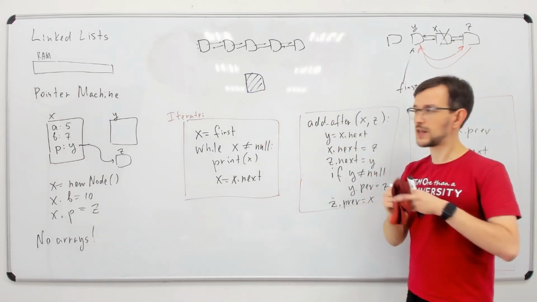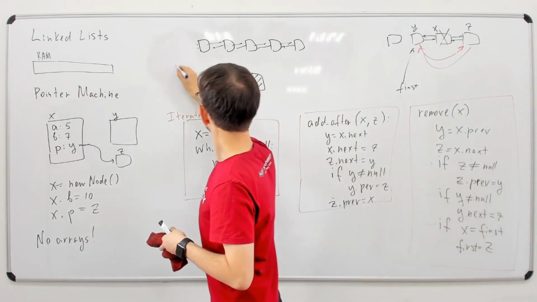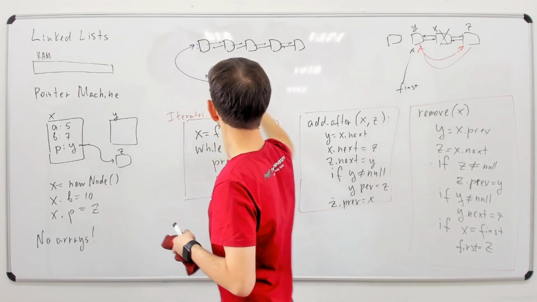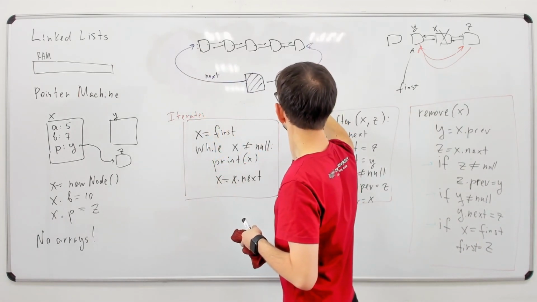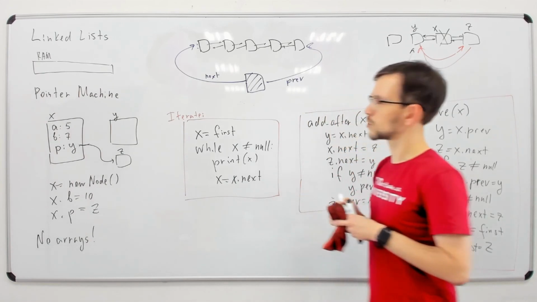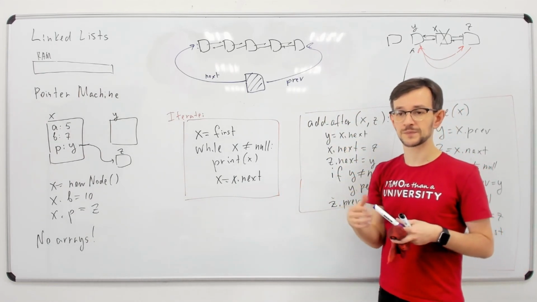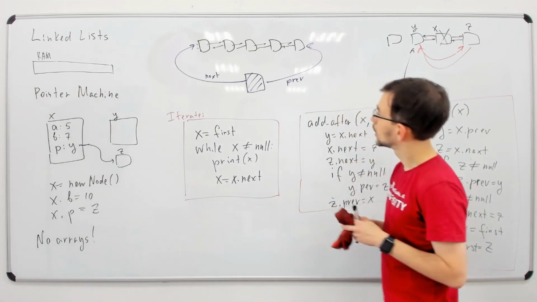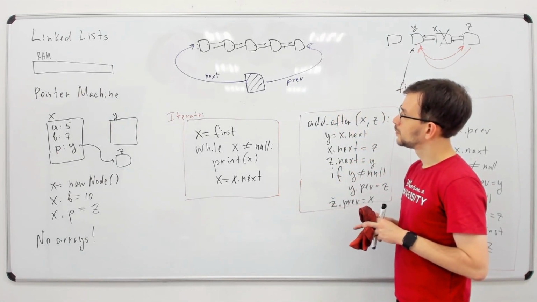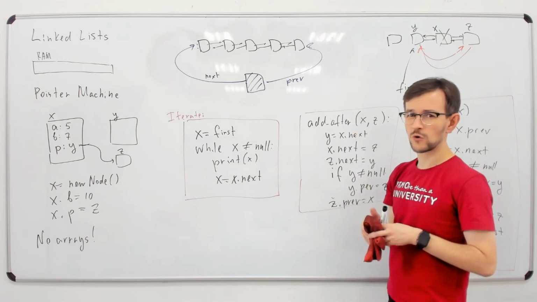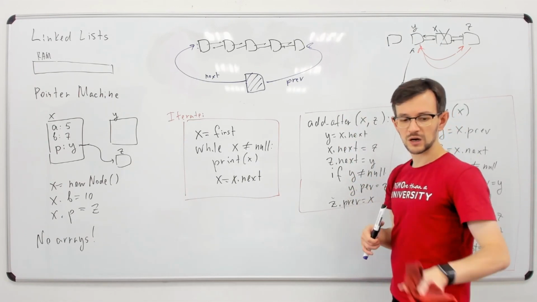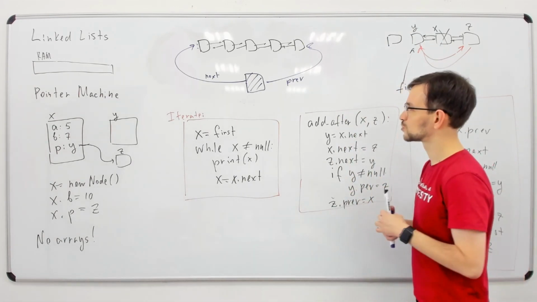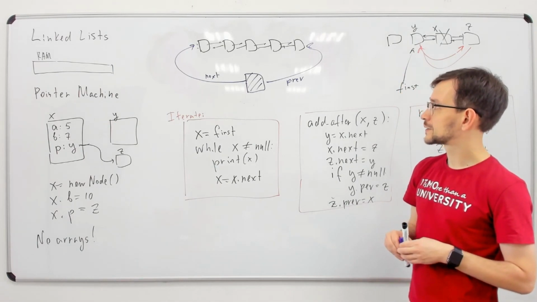And from this extra element, we put the next pointer here and the previous pointer here. So we have something like a cyclic list. And this is actually one of the most common ways to use the linked list.